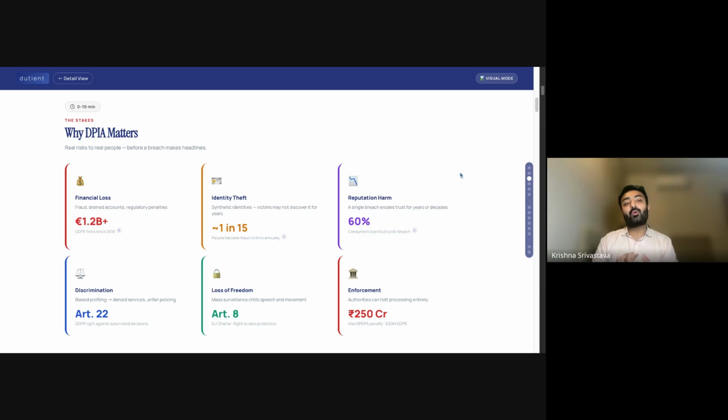Perfect. So I was talking about why DPIA matters, apart from it being a regulatory requirement. Why else do we do it? Because in most cases, companies may not realize that because of the processing they do on personal data, there could be rights of a data subject that are violated. In most countries, automated decision making, user profiling, and children's personal data processing have to be done in a particular way.